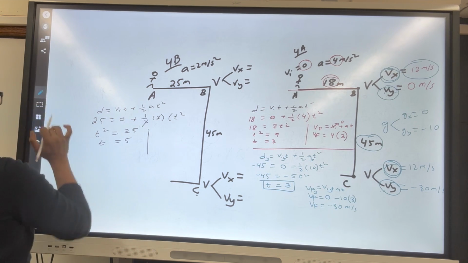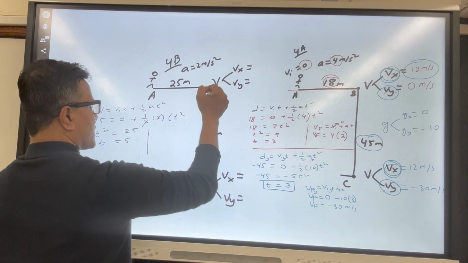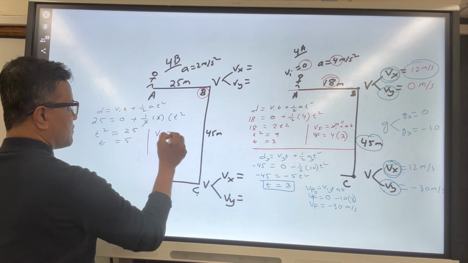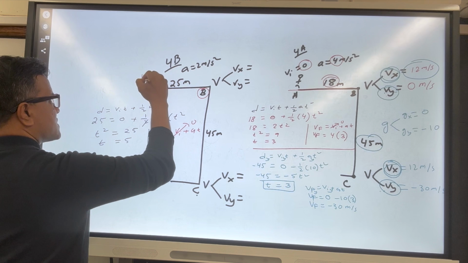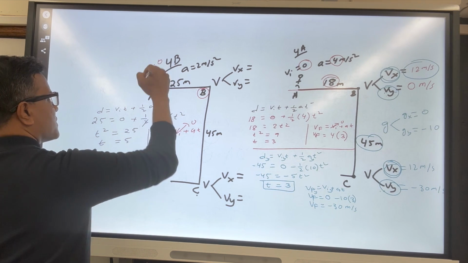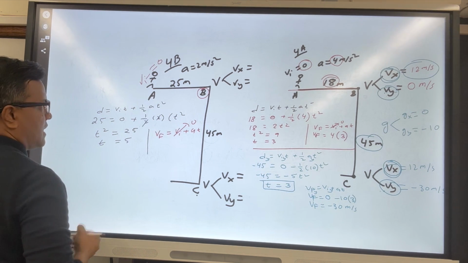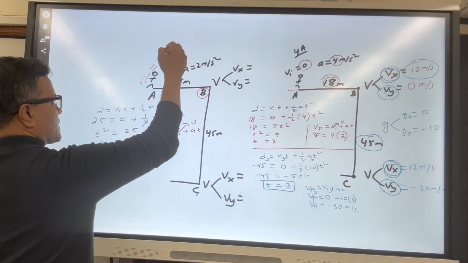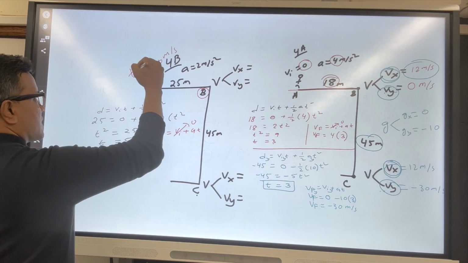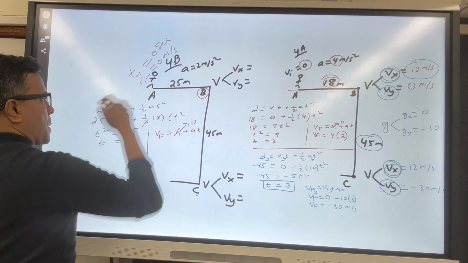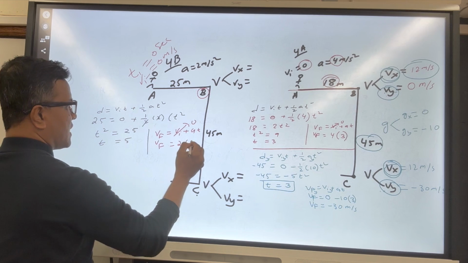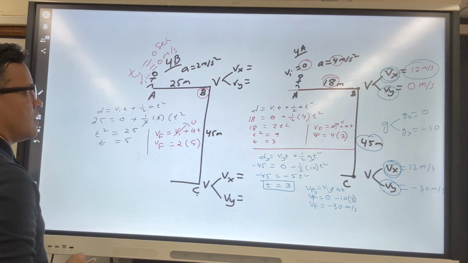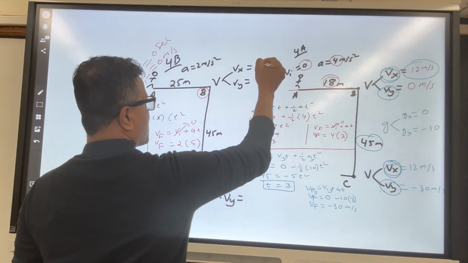We are trying to find his velocity at location B. Vf is equal to Vi plus At. Velocity is 0 because he starts with 0 meter per second from 0 seconds. Okay, so then Vf is 2 times 5. So his velocity is 10 meter per second.